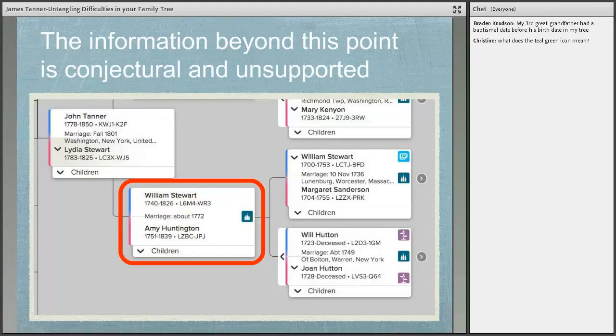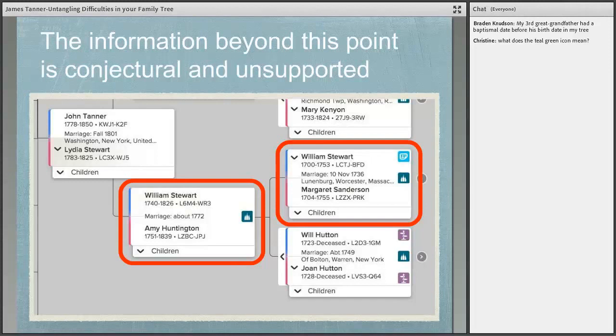So let's look at this William Stewart, who is supposedly the father of Lydia Stewart, and his wife, Amy Huntington. Here's William Stewart, the next one out, whose wife is supposedly Margaret Sanderson.